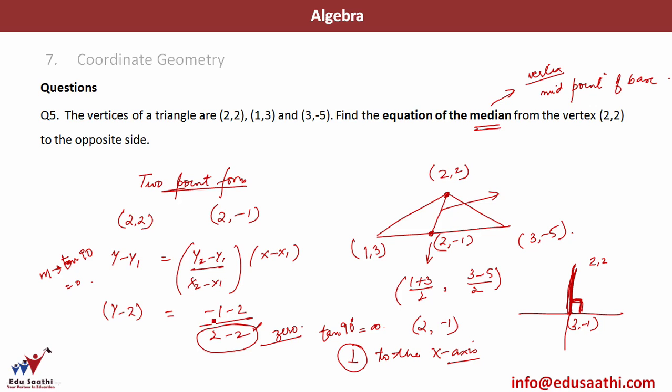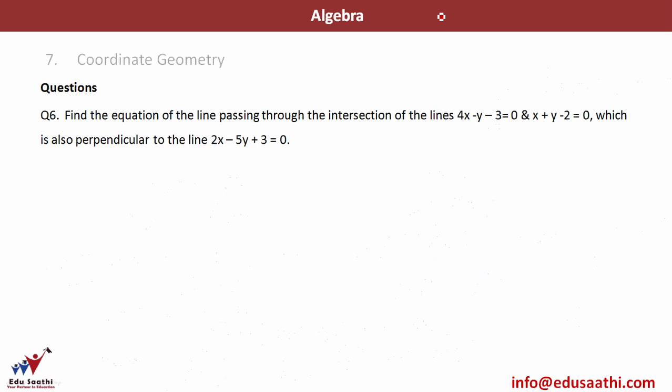So the equation of this line would be given as y minus 2 is equal to 0, or y is equal to 2. That will be the answer that we'll have. So it will be a straight line represented by y is equal to 2.